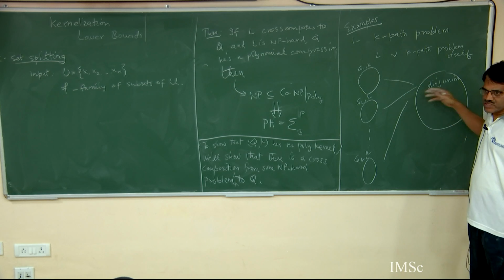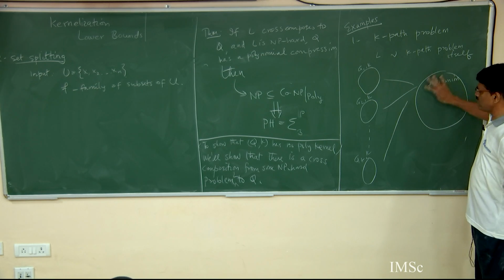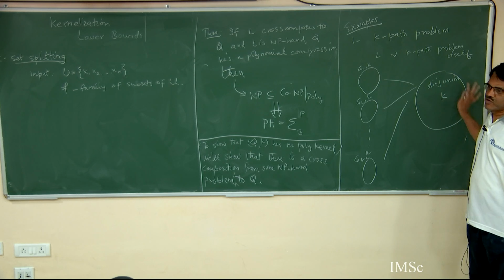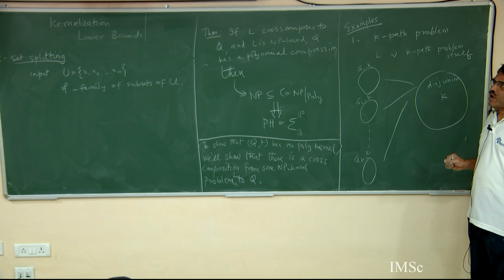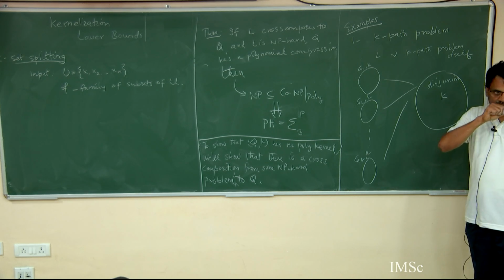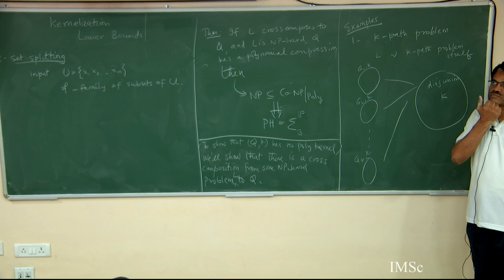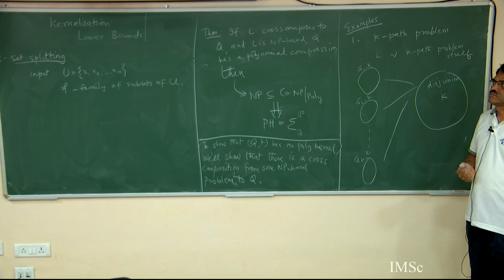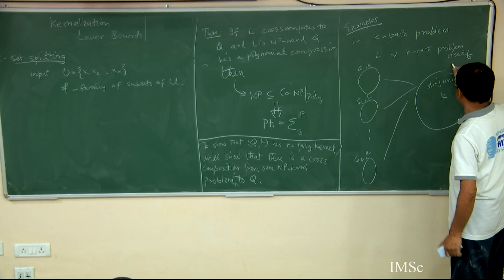Then suppose I simply take the disjoint union, let us call it G prime.